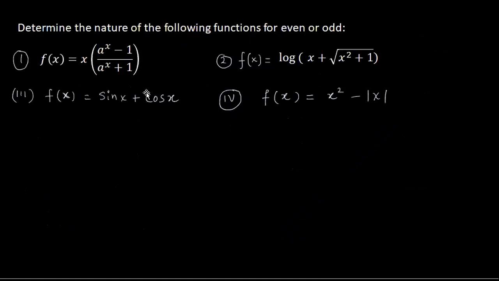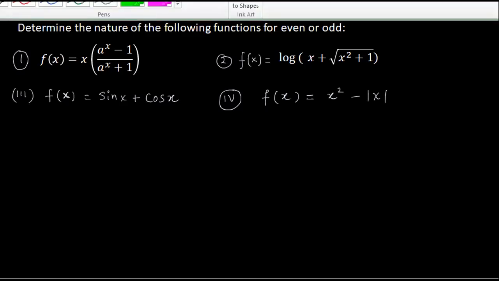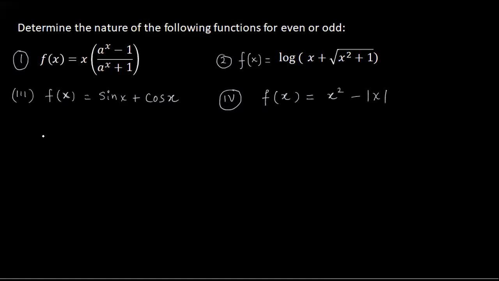Here we have four functions and we have to identify which of the following functions are odd, even, or neither odd nor even. Take the first example. Here f of x equals x times (a raised to the power x minus 1) upon (a raised to the power x plus 1).